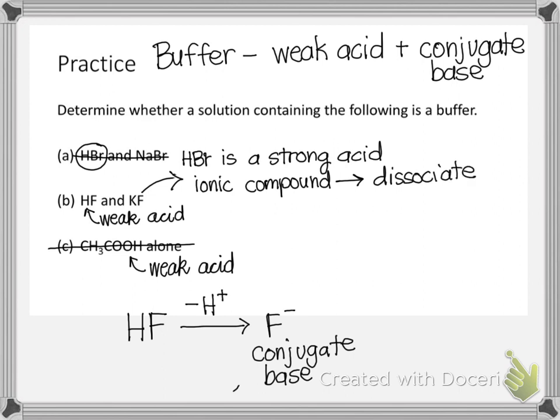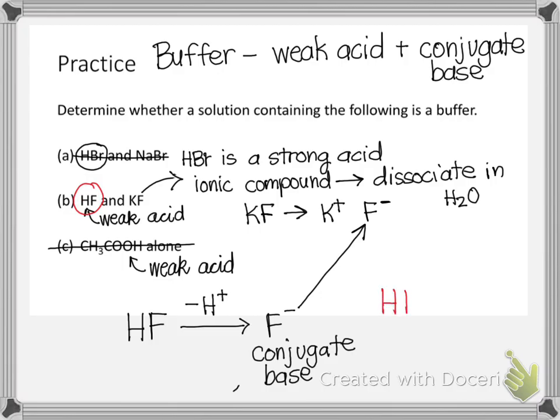We talked about this before. So when you're in your buffer, KF will separate and make potassium ions and fluoride ions. And there you go. So this has the weak acid, and it has right there the F minus, the conjugate base.